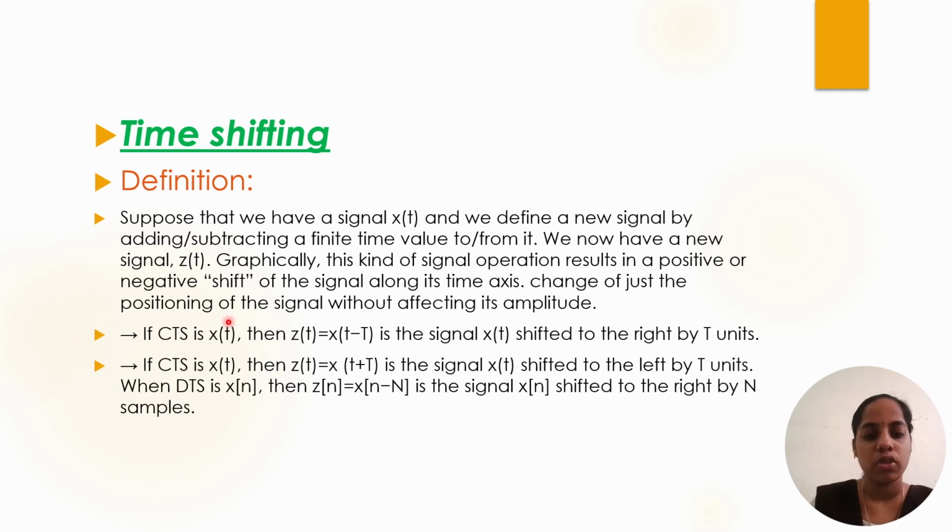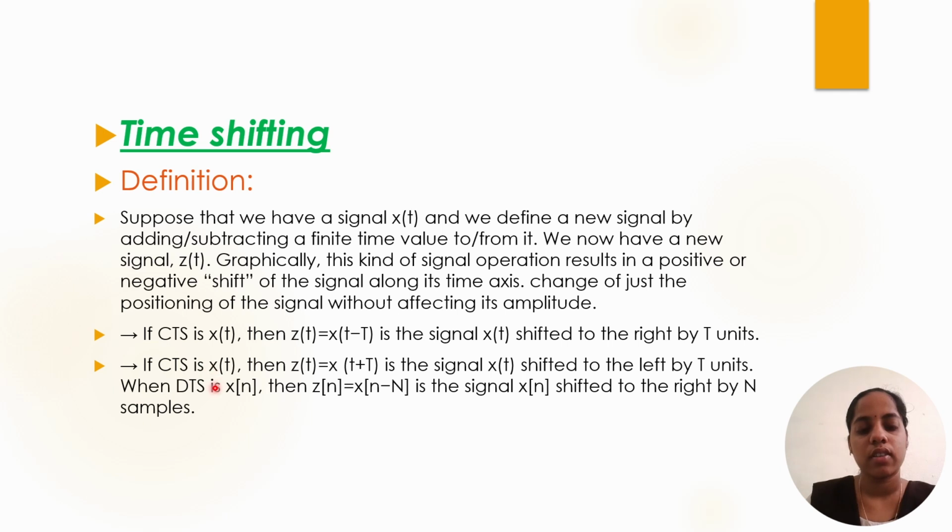It changes just the positioning of the signal without affecting its amplitude. If it is x of t, then z of t equal to x of t minus T is the signal x of t shifted to the right by T units.